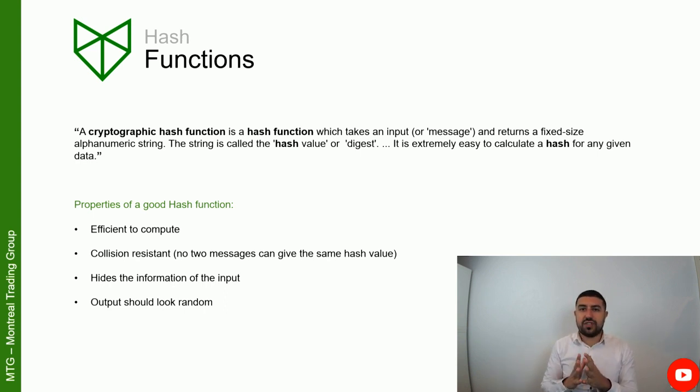That's very important for a hash function because the reason why we use them requires them to be quick. They are collision resistant, meaning that if you give two different files or messages to the function, the return values are going to be different. They're not going to be the same. Okay. They hide information about the input and they look random, right?